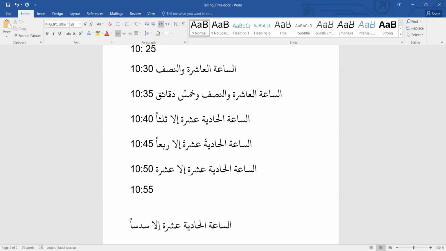I'm getting confused about writing the number 10 properly. Can someone confirm just the Ashra portion? I'm not sure if it's supposed to be feminine or not. Okay, we would confirm this.